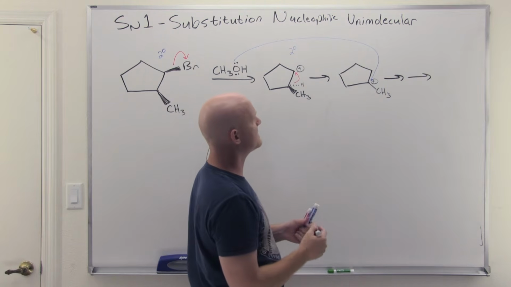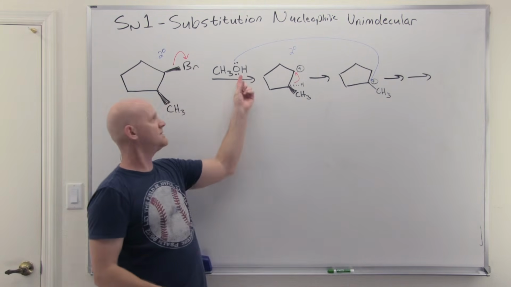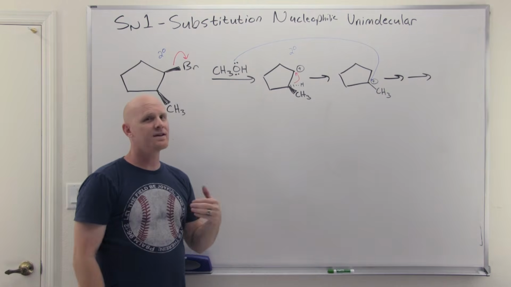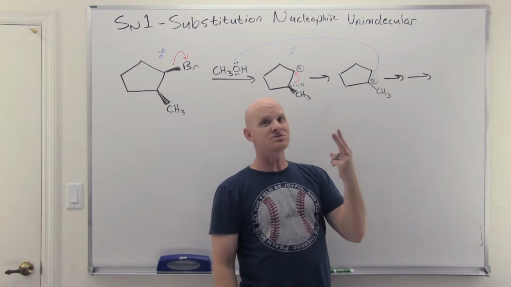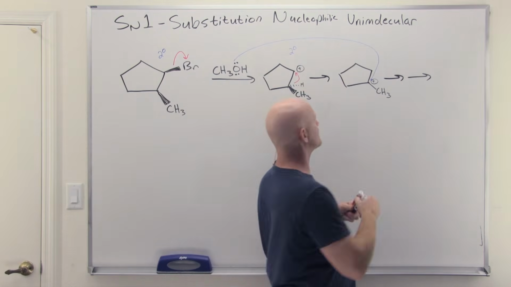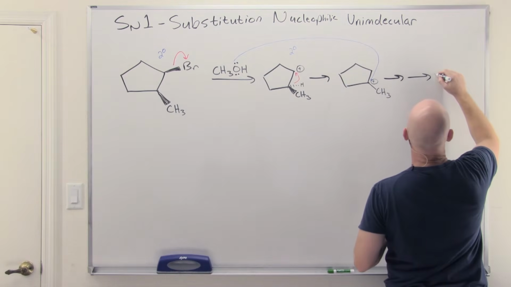So that's where methanol is going to attach. And eventually, one of these H's will get deprotonated, like we showed in the mechanism before. That's why I'm drawing two arrows here. We're taking two steps, combining them into one, not showing the complete mechanism, just wanting to get to this final product.